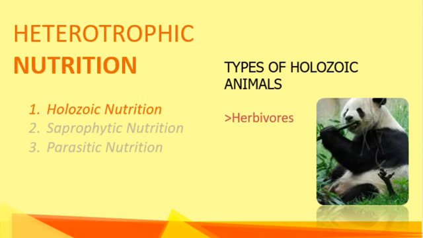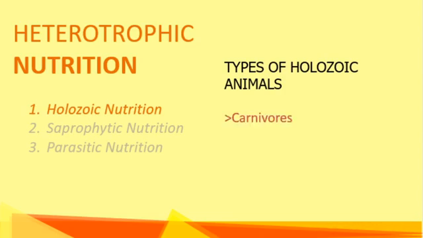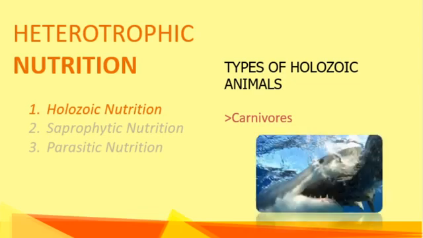They are herbivores. The next one is called carnivores. These are animals that eat animals only. Examples would be the shark, the wolf, the tiger, and the lion.